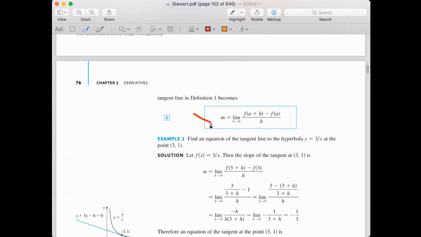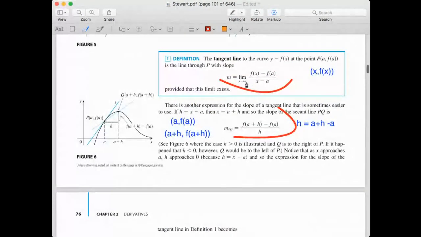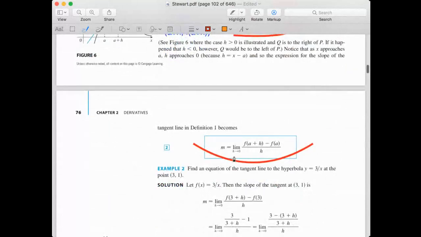And usually we use this one, because this one is saying A plus h is very close. You see h approaches 0, right? In this case, x approaches A. Okay, that's the difference, x approaches A. But here we're saying h approaches 0, but they are exactly speaking for the same thing, right?